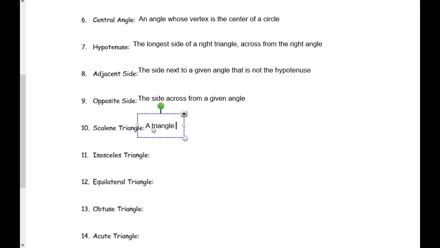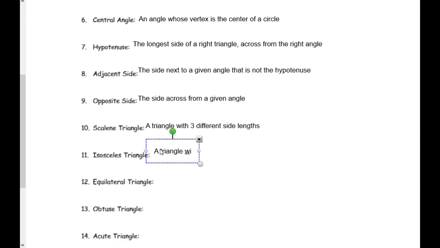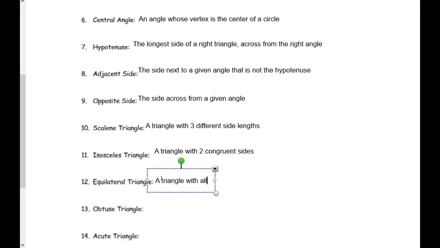A triangle with 3 different side lengths. Isosceles triangle. A triangle with 2 congruent sides. Equilateral triangle, a triangle with 3 congruent sides.